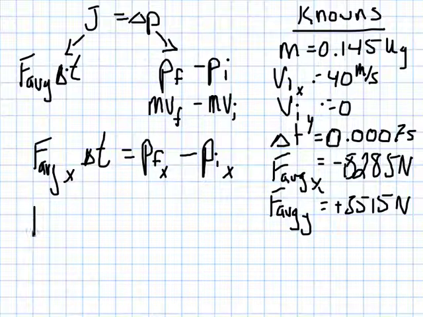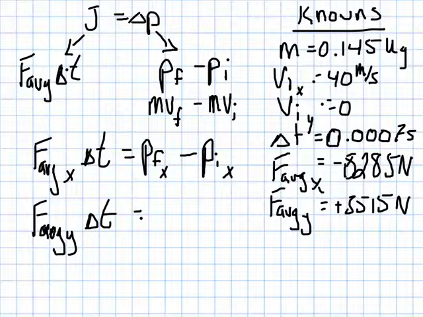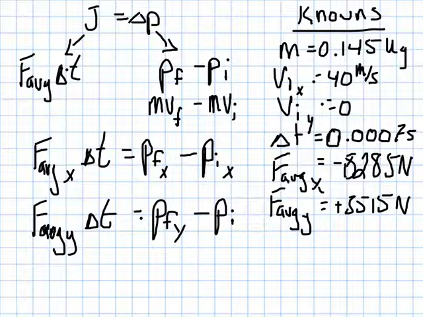And similarly, the average force in the y direction times time is going to be equal to the final momentum in the y direction minus the initial momentum in the y direction.